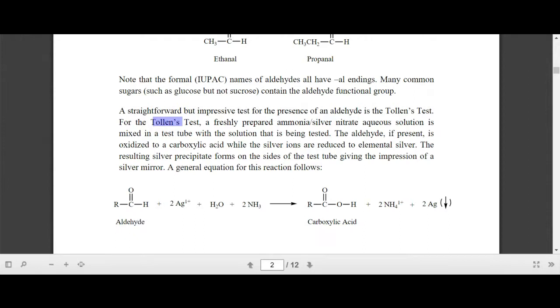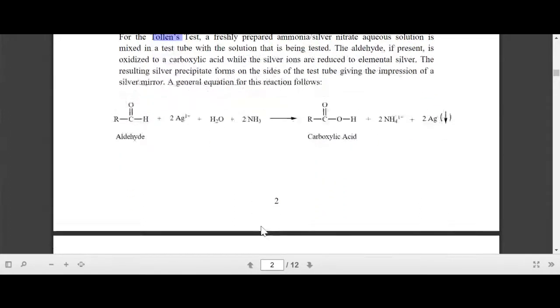That is a positive test for aldehyde. If it doesn't give a silver mirror, it is not an aldehyde. So we are looking for evidence of a reaction. If the Tollens reagent makes the unknown give a silver mirror, basically silver precipitating around the bottom of the test tube, that is confirmation that you have an aldehyde functional group.